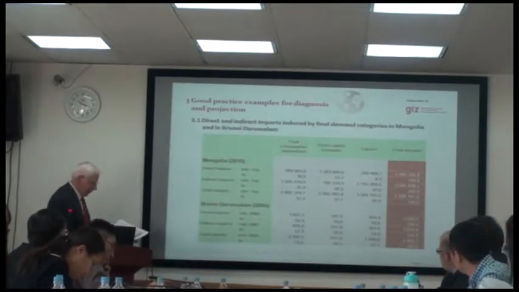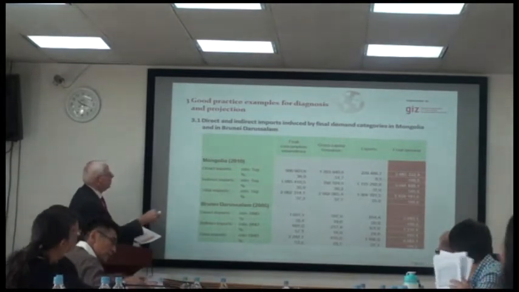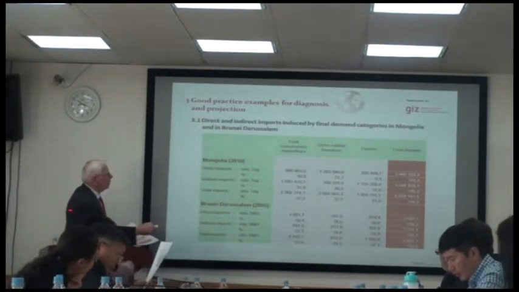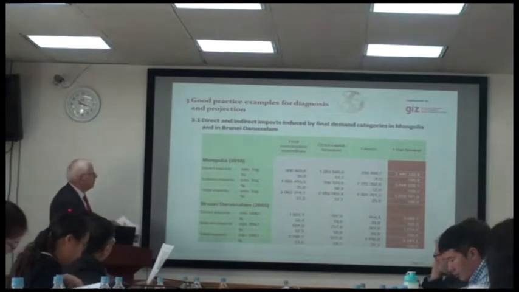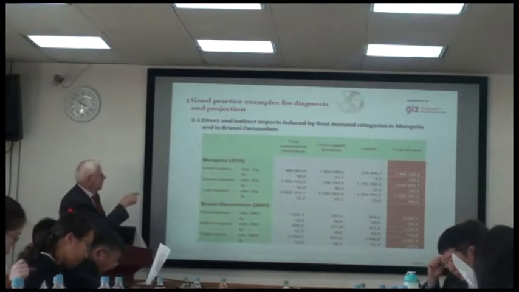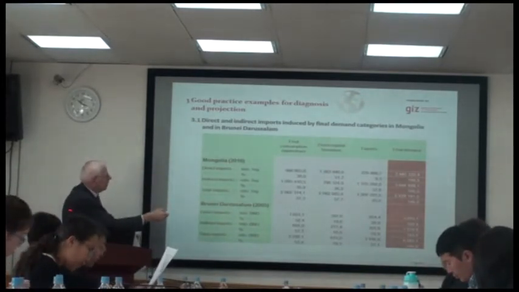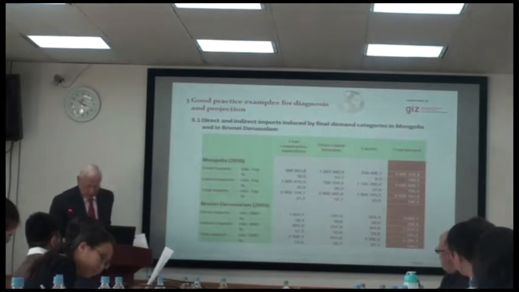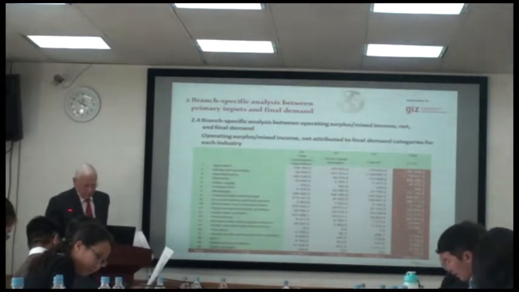So, here's the figure. Indirect imports for final consumption expenditure are according to our computation. And as I have shown you just before, the computation means that we allocate the intermediate imports to final consumption, to gross capital formation, and to exports. I will go back, but not so quickly, step by step. That might be easier.